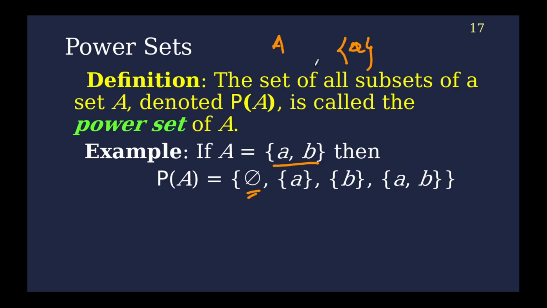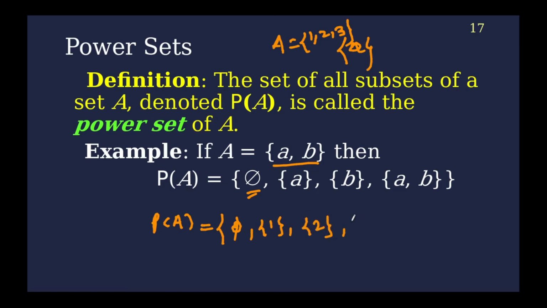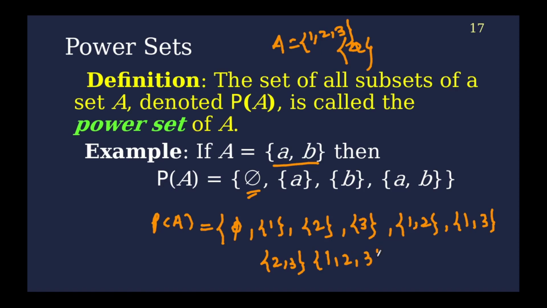Or if you consider, say, A equals {1, 2, 3}, then what are the possible elements of the power set of this A? The first element will be the empty set, second element will be {1}, third a set containing only element 2, then a set containing only 3, then the set which contains elements 1, 2, the set which contains elements 1, 3, the set containing elements 2, 3, and the set which contains elements 1, 2, 3.